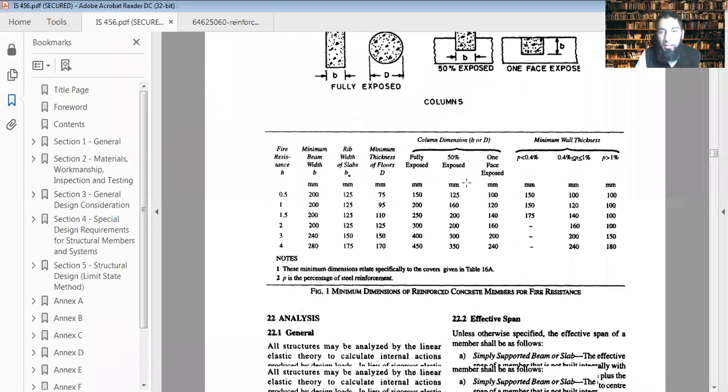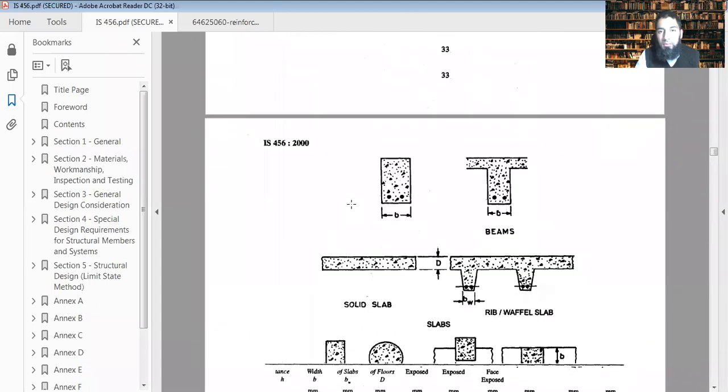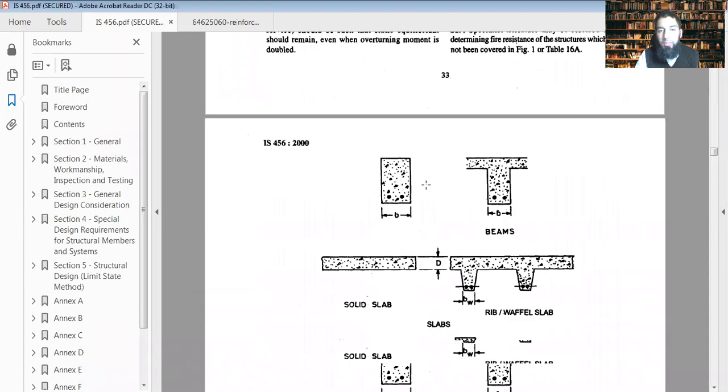Is there anything given for the cover here? Minimum requirements of concrete cover for normal to have required fire resistance shall be 26.4.3.